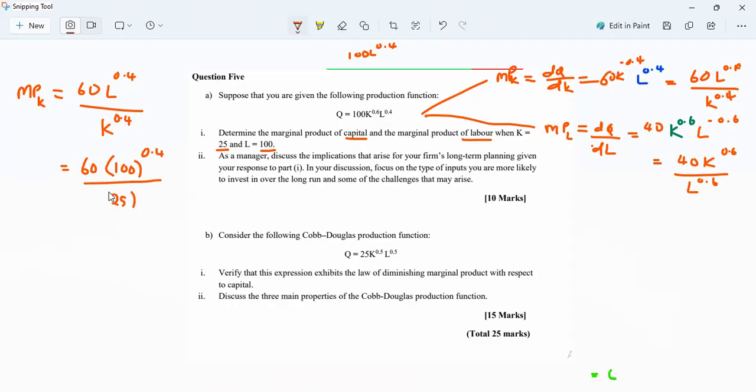Can you quickly calculate that on your calculator? Can you find that on your calculator? The 60 multiplied by 100 to the power 0.4 gives us 24,000.